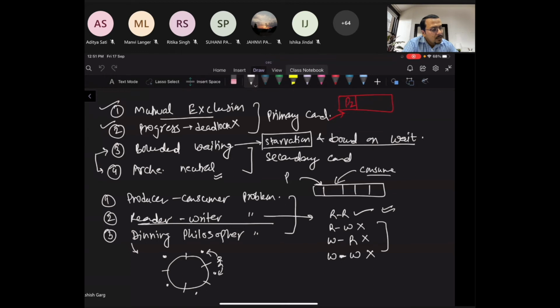Now the problem is, what will happen if each person takes one chopstick? Now see, every philosopher is holding one chopstick. Chinese people eat using chopsticks, I hope everybody knows it. So you know that 2 chopsticks are required to eat at a time. Using one chopstick, a person cannot eat.